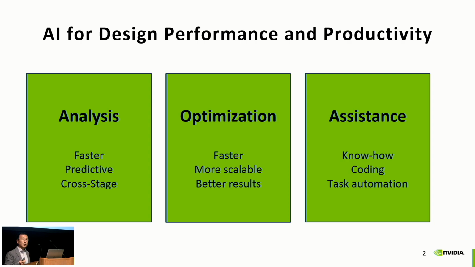For example, predicting the physical design stage effects in synthesis. For optimization, AI can help make optimization run faster, scale to larger design problems, and achieve better quality results. And for assistance, AI can assist designers with design know-how, help designers with coding, and automate manual design tasks.